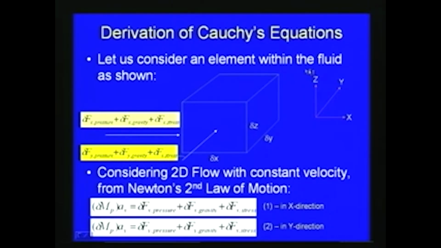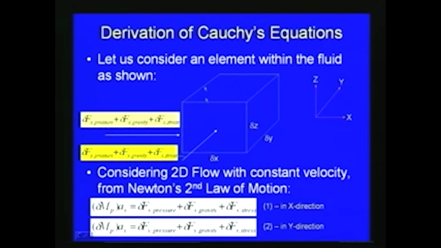So, let us consider an element within the fluid as shown here. A fluid element of size delta x, delta y and delta z we are considering. Here the various forces, as we have seen earlier, are the pressure force.